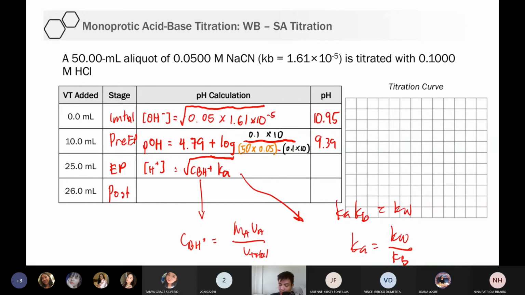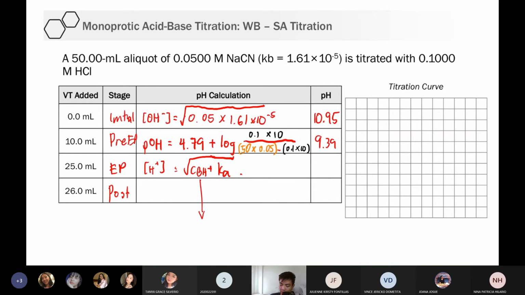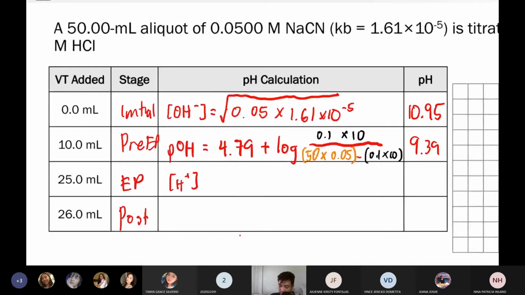Burahin ko na to. Plug in ko yung numbers. Let me plug in the numbers kung ano itatype nyo sa calcu. Kung alam nyo na itatype nyo sa calcu, better. Okay? Better kapag ganun. Oh, MAVA. So that's 50 ml times 0.05 molar.